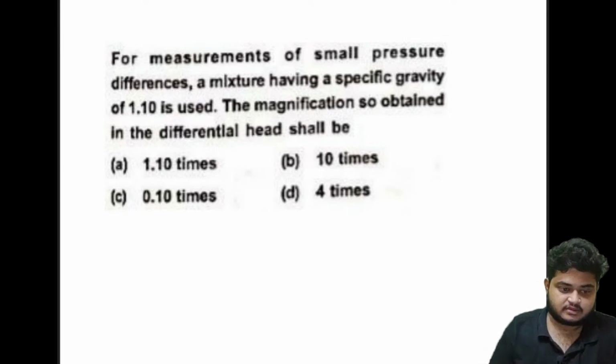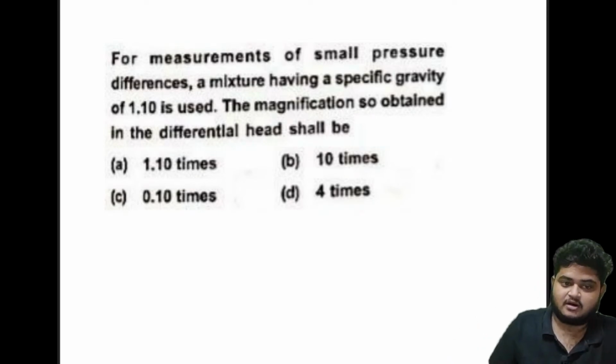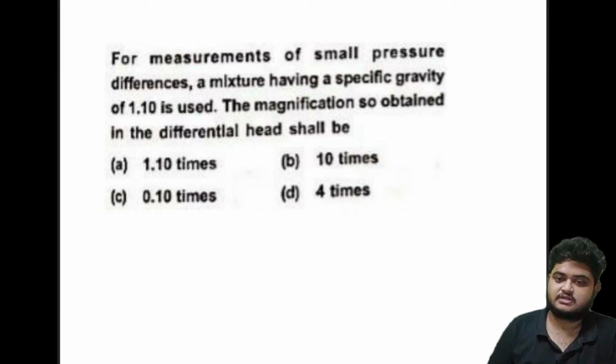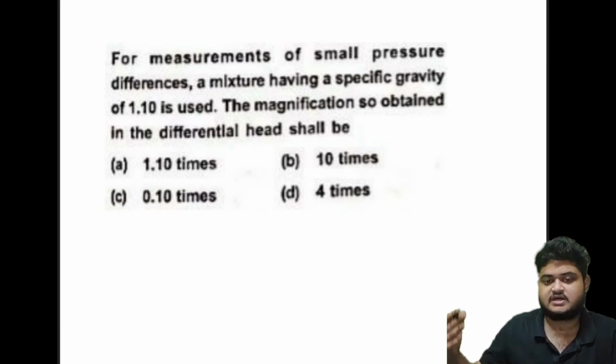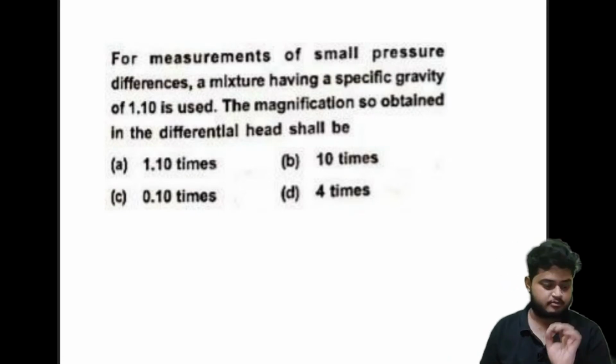It is saying that for a measurement of a small pressure difference, a mixture having a specific gravity of 1.10 is used. The magnification so obtained in the differential head shall be. So this question is coming from a differential manometer.